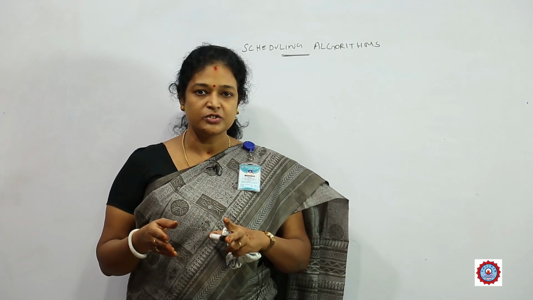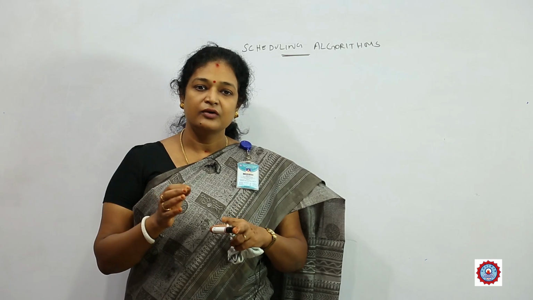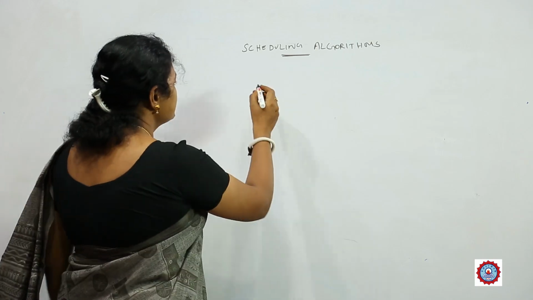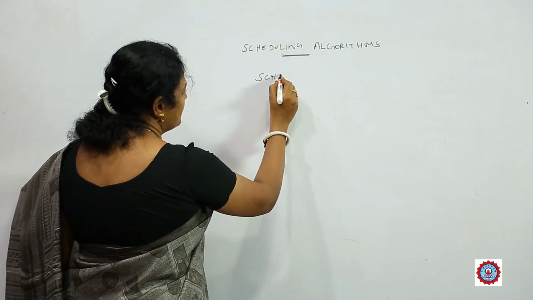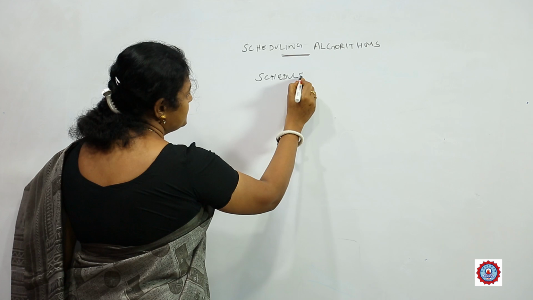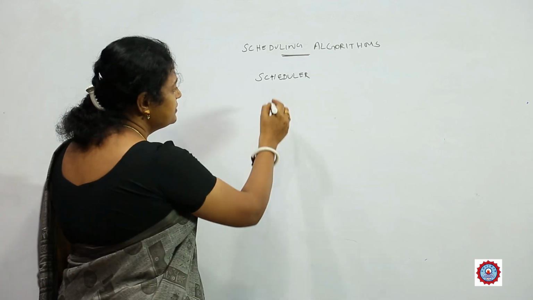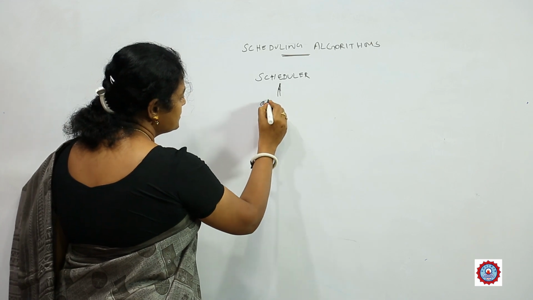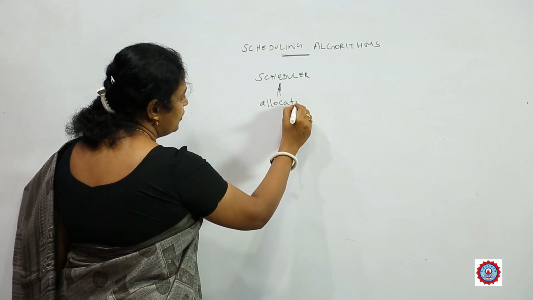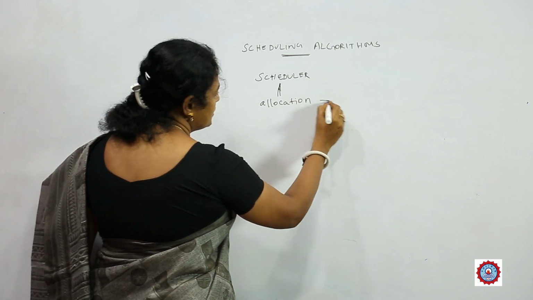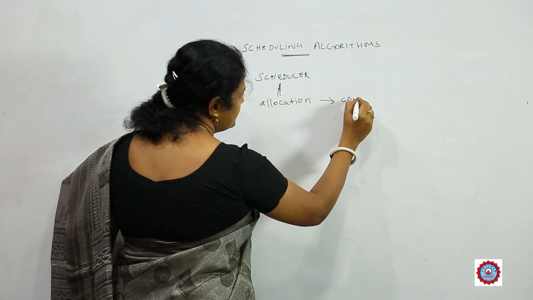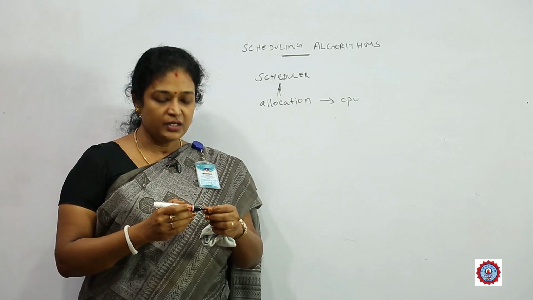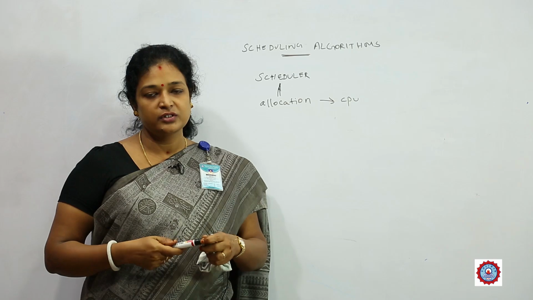For this allocation a special unit known as scheduler has been designed, and the scheduler will take charge of allocating the processes to the CPU. This is the major concept we are going to see in scheduling algorithms.